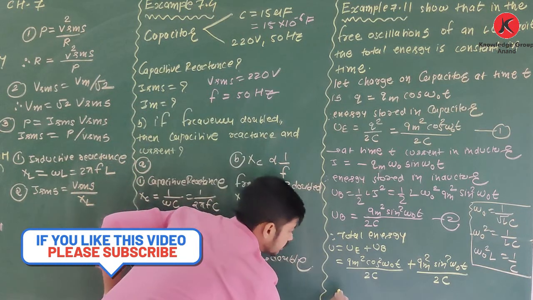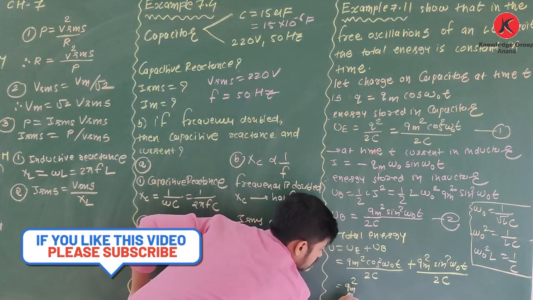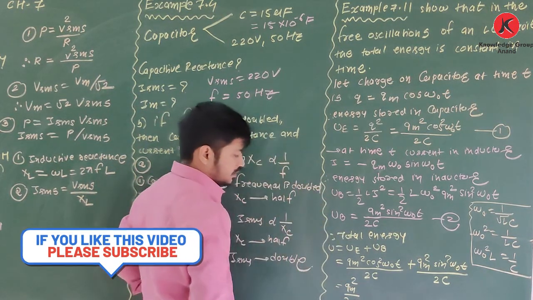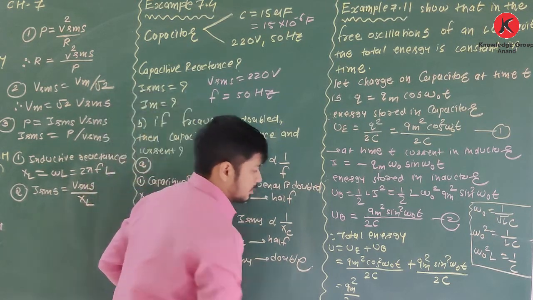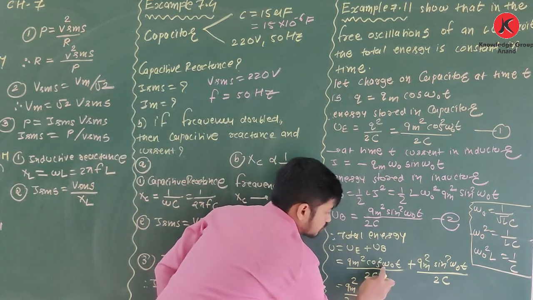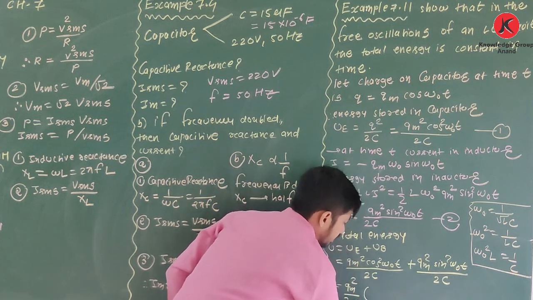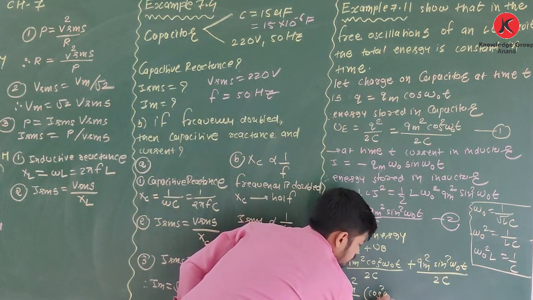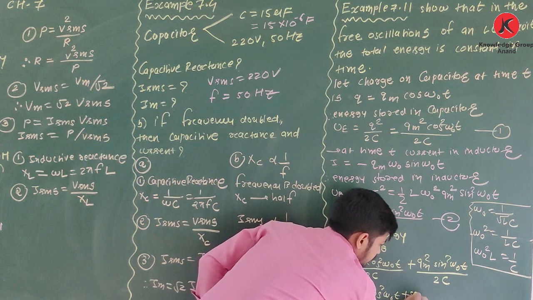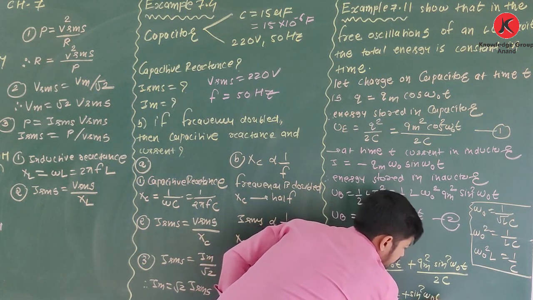Simple? So it is equal to Qm square upon 2C common, and in bracket, cos square omega 0 t plus sin square omega 0 t.